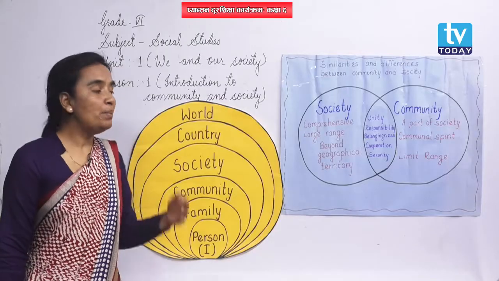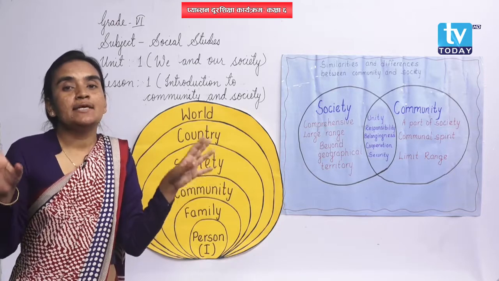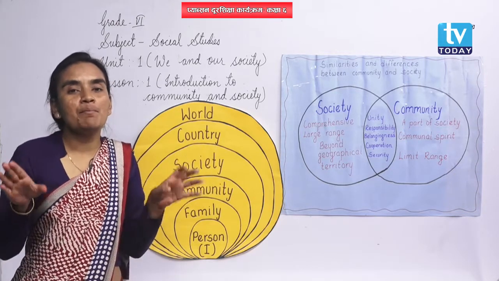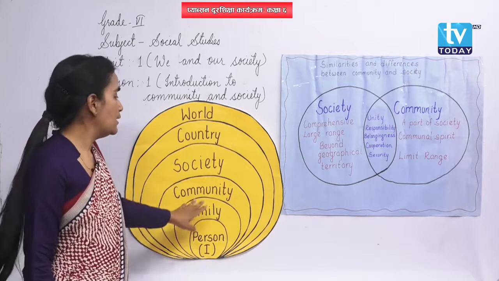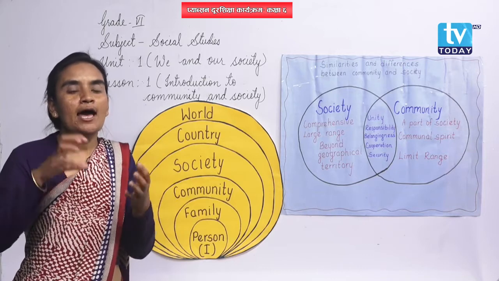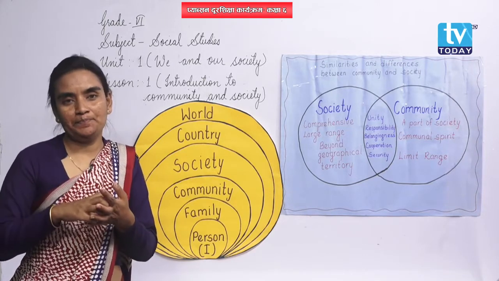Then, beside that, when groups of families are combined together and remain together, a community is formed. Community is a smaller part of a society.